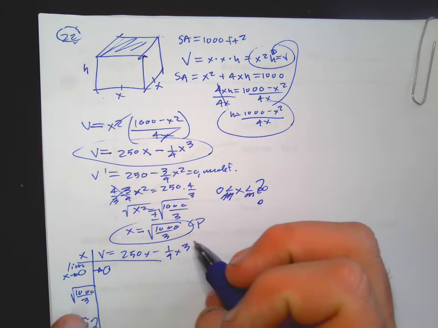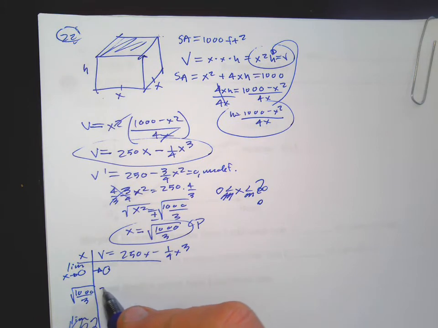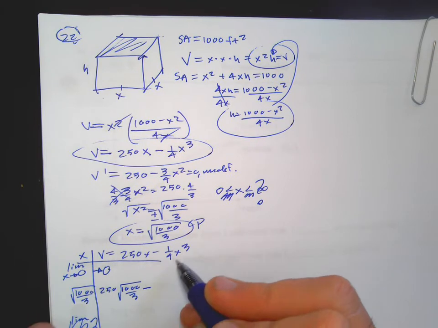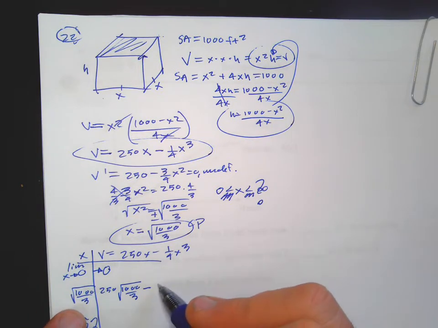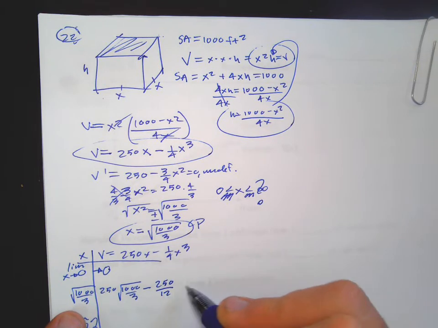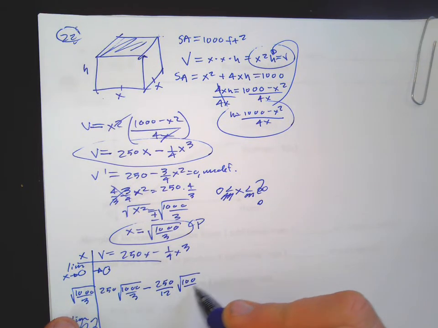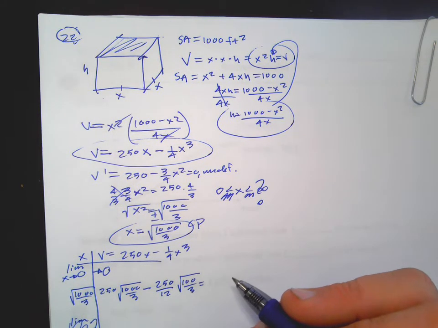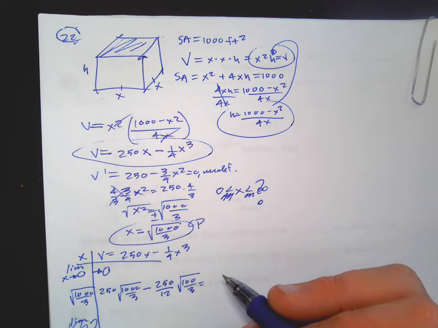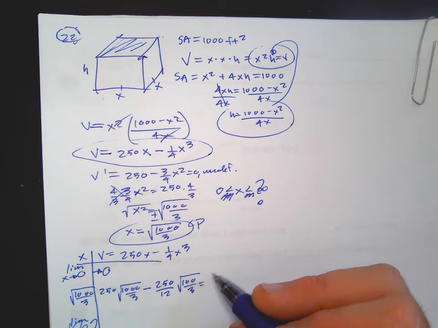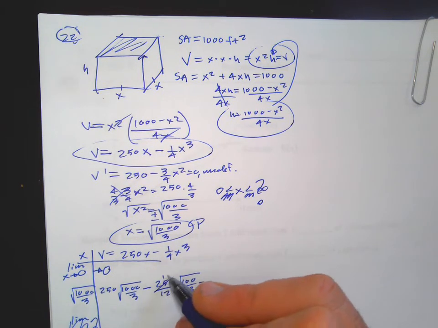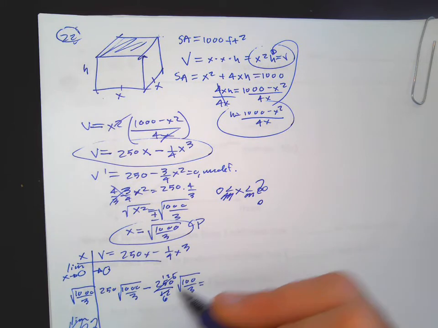Now, if we plug this in, we get 250 square root of 1,000 thirds minus, if you cube this, 250 over 12 square root of 1,000 thirds. So we can try and clean this up. They're both kind of like terms. 125 over 6.